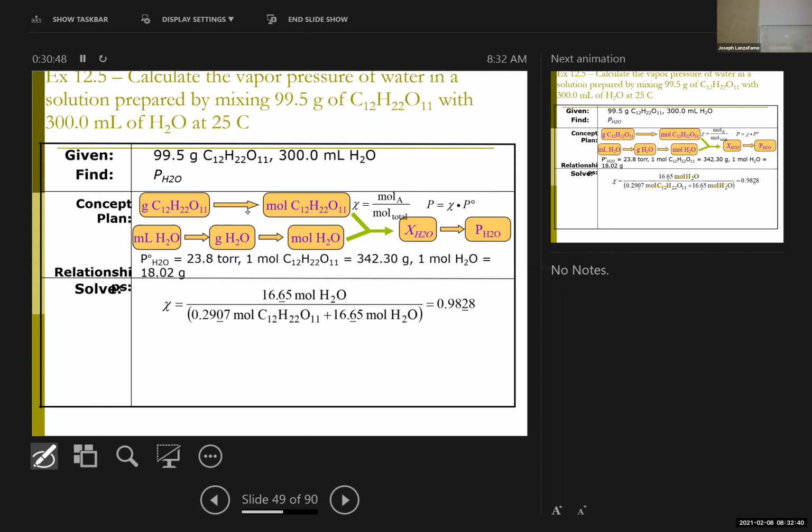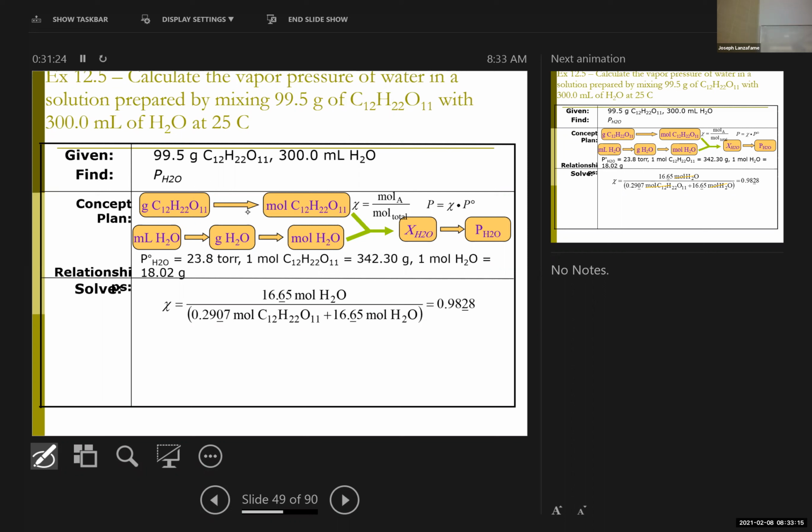And so I had 16.65 moles of water over 16.65 moles of water plus the solute. If, by the way, there were 2 or 3 or 4 solutes, it would be the total moles of everything in the denominator. So, you know, if instead of just sugar water, this was my morning coffee, it would be sugar and lactose and caffeine and delicious flavor crystals. I don't know.